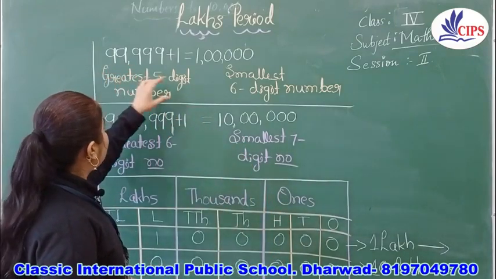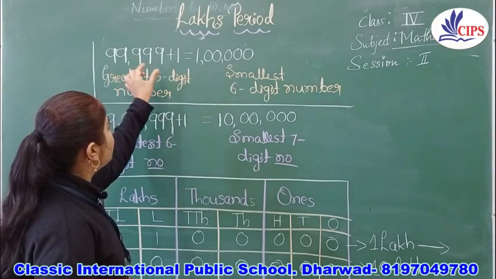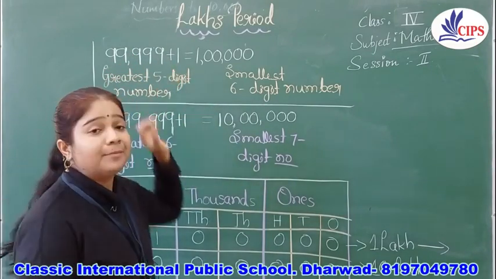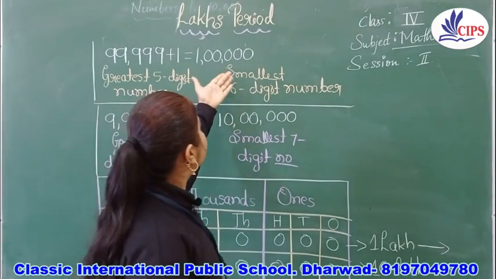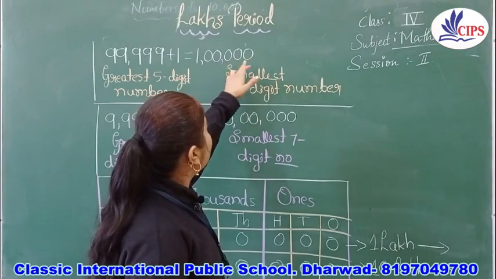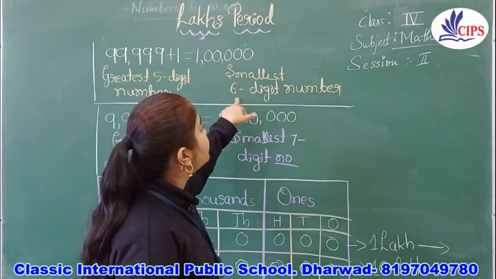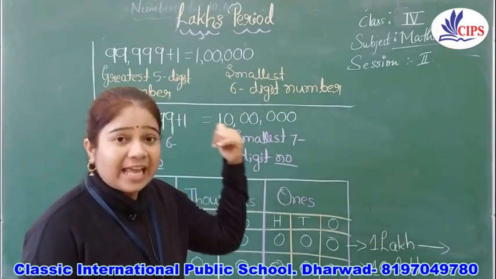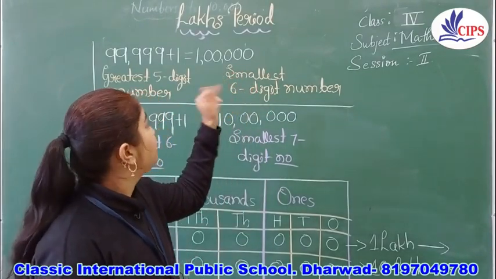So if you add 1 to this number, 99,999, you are going to get 1 lakh. How many digits are there? A 6-digit number, right?